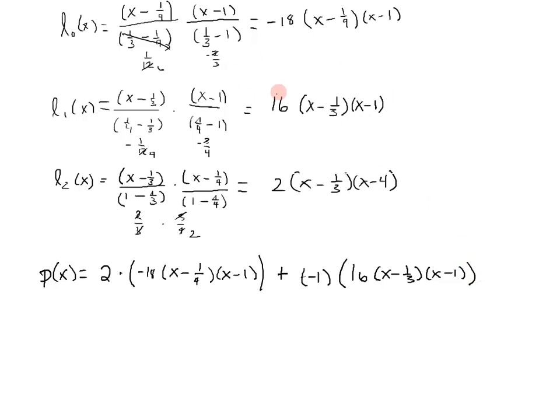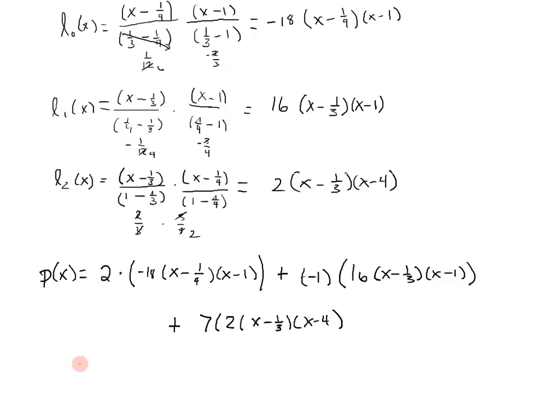That's up here, times L1. And now also add y2, which was just a 7. So 7 times 2 times x minus 1/3 times x minus 4.